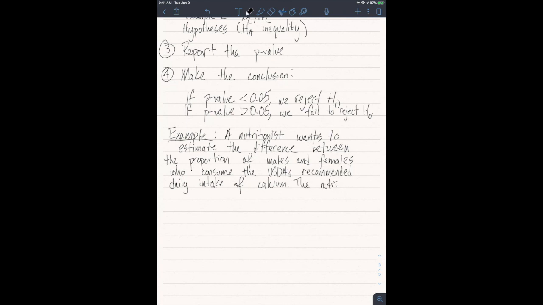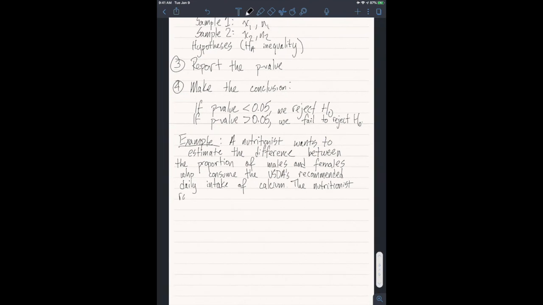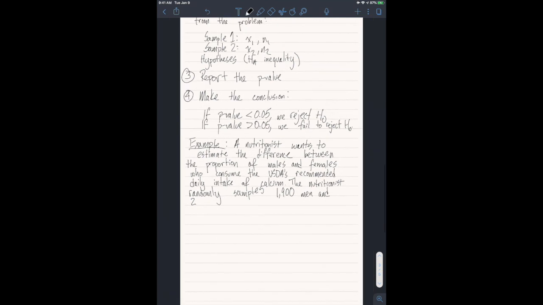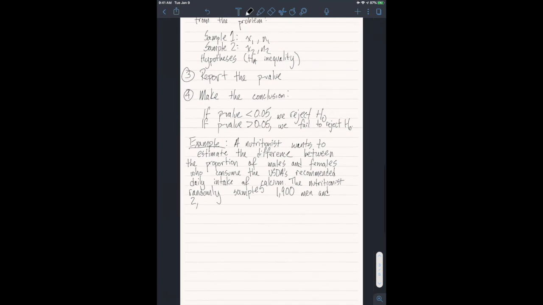The nutritionist randomly samples, let's say, 1,900 men and 2,061 women.